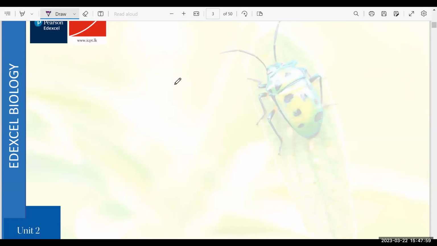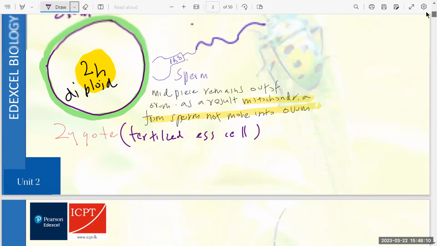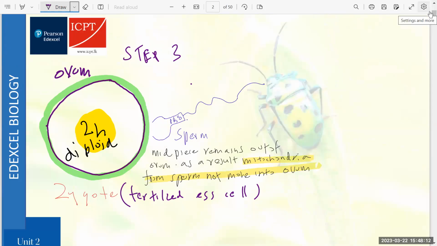So we're going to talk about the stem cell. Now, why do we want to talk about stem cell? If we look, what is the fate of this zygote? What is going to happen in this zygote?